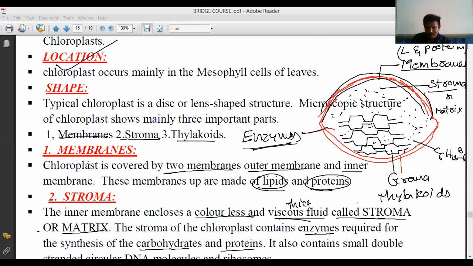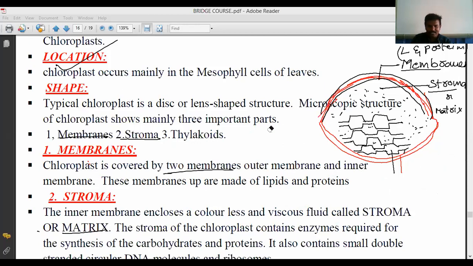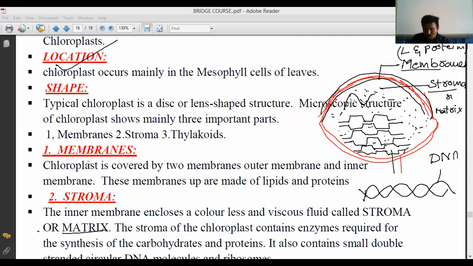See here, the double-stranded circular DNA is located in the stroma, like this way.